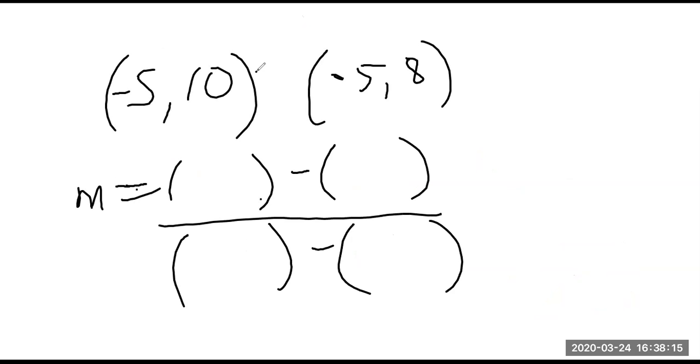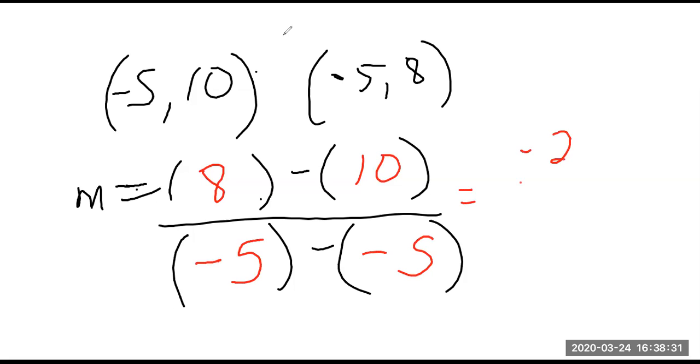All right, so the second y is 8, and the first y is 10. Second x is -5, the first x is -5. Now this time what happens is, of course, we'll get -2 up top, 0 in the bottom.